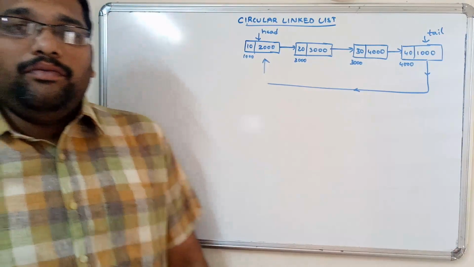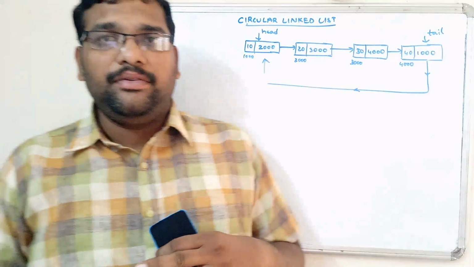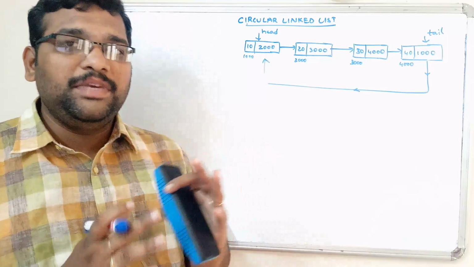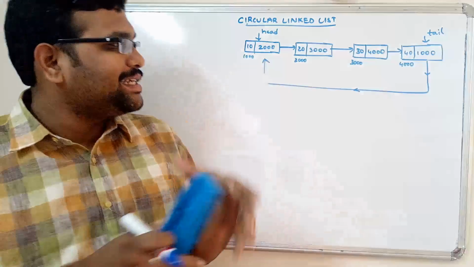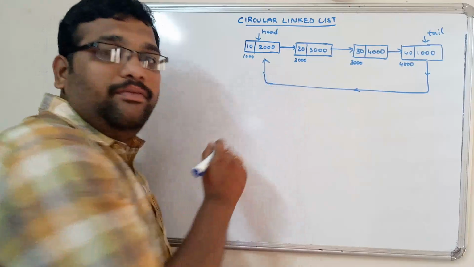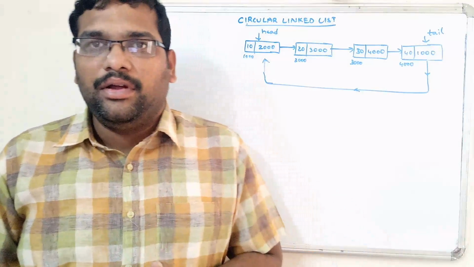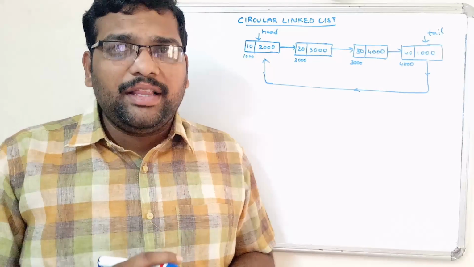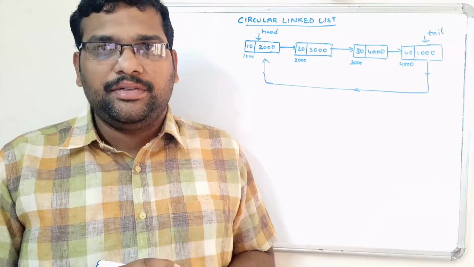So we have discussed the deletion operation in the singly linked list. Deletion means we are just disconnecting the link between one node and another node. And if you want to deallocate the memory, we can use the free function.